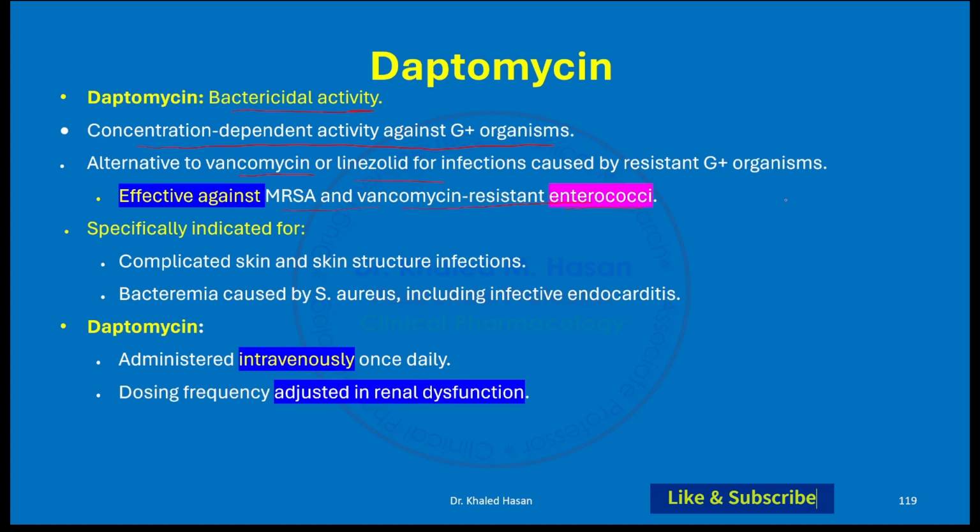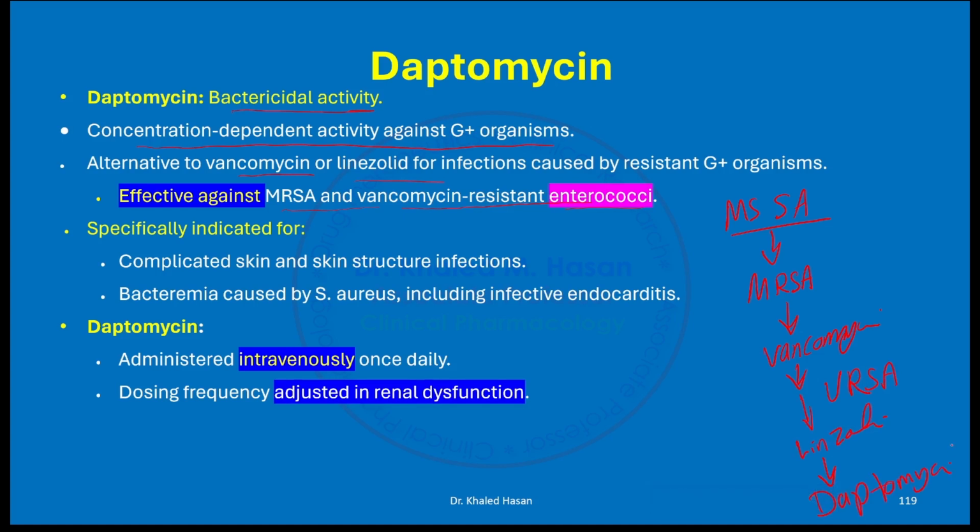So when you have methicillin-sensitive Staphylococcus aureus, and if the bacteria developed MRSA, we can go with vancomycin. If the bacteria develop vancomycin resistant Staphylococcus aureus, we go with linezolid. If the bacteria developed further resistance, we can go with daptomycin.